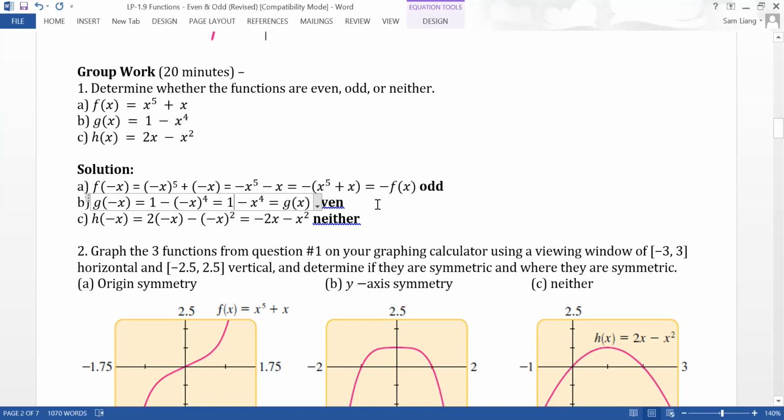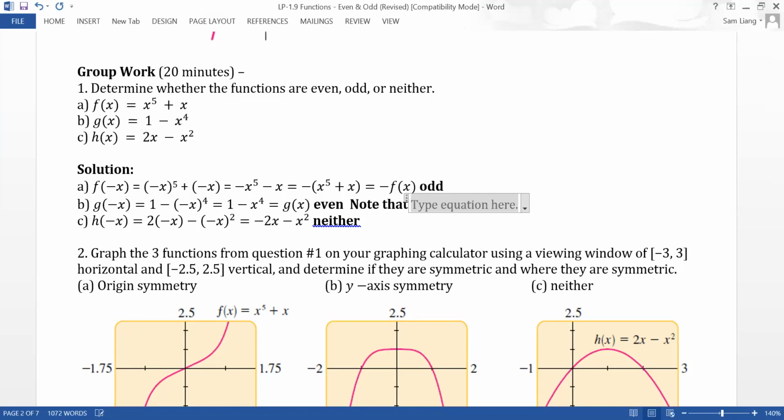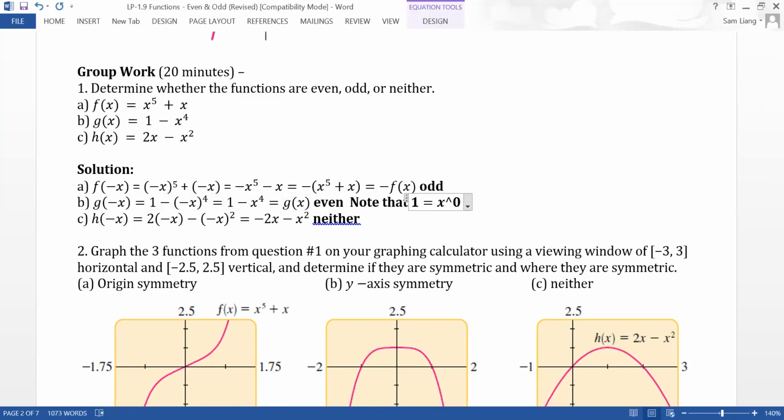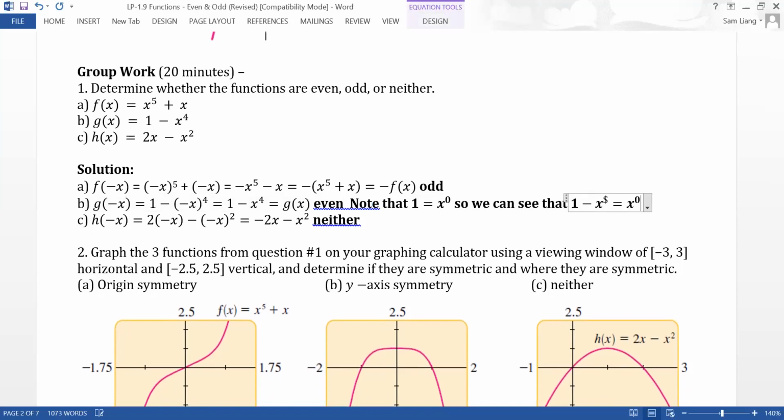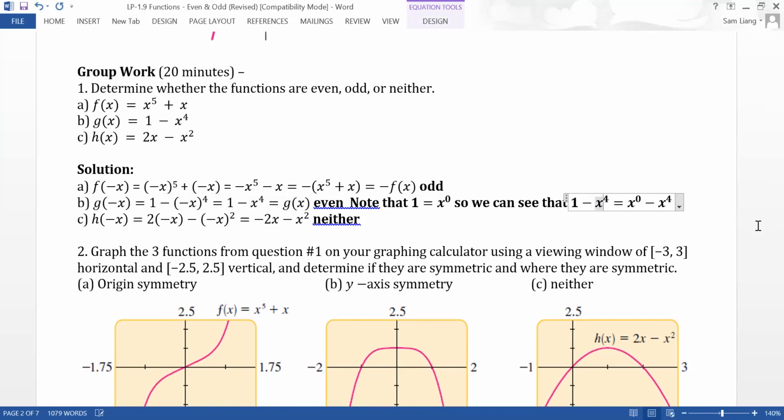Note that 1 equals x to the 0, so we can see that 1 minus x to the 4th is the same thing as x to the 0 minus x to the 4th. Both these powers are even; 0 is an even number, as is 4.